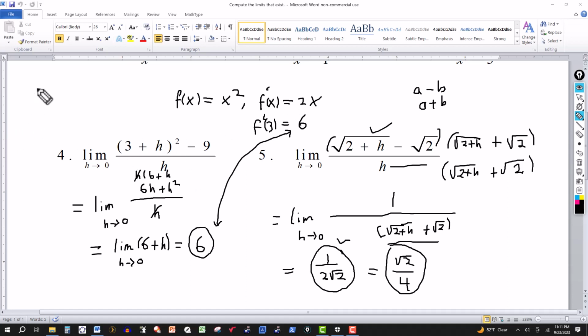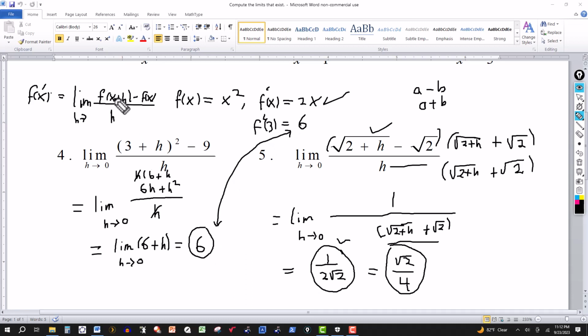If you think about your formula for f prime of x, in terms of a limit, the derivative is given by this limit. The limit as h goes to 0 of f of x plus h minus f of x over h. So if I use this definition here and just compute it, I get the formula for the derivative. And if I plug in 3, I get the answer that we got over here.